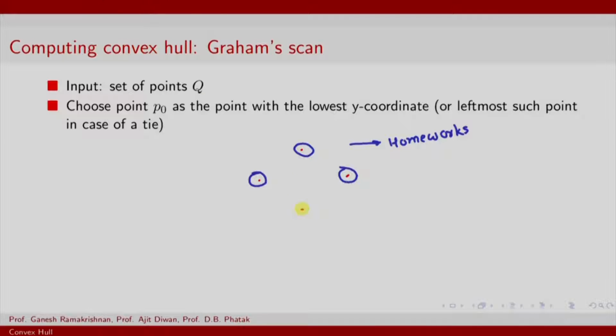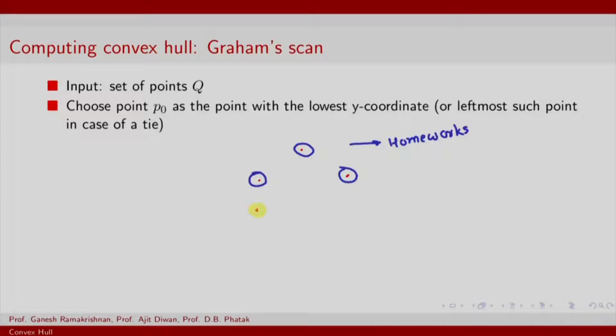In case there is a tie, which is in case there are 2 points which have the same smallest y coordinate, which could be the case here, you will break the tie by selecting the one with the smallest x coordinate as well. So let us stick to the story. What would you do next? Well, we would like to look at the orientation of all the other points with respect to the point that is already chosen, that is with the new point.